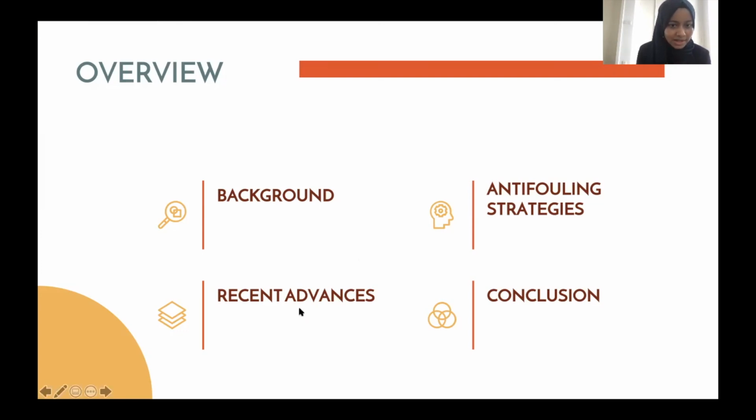So for the recent advances, I've highlighted three notable advances that are very recent and remarkable, that have achieved remarkable results in reducing fouling. And to conclude, I believe we should go towards environmental protection and the release, and also the upscaling. We also need to study the upscaling of these processes towards industrial scale.